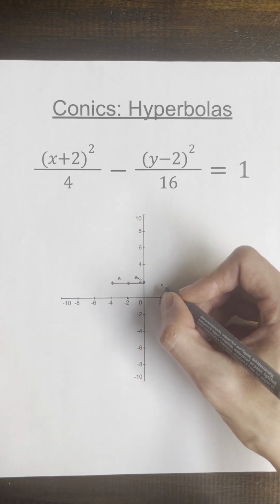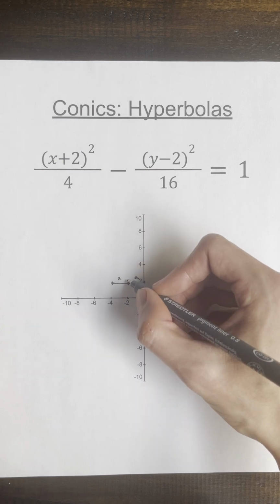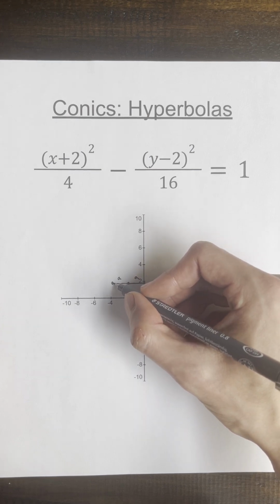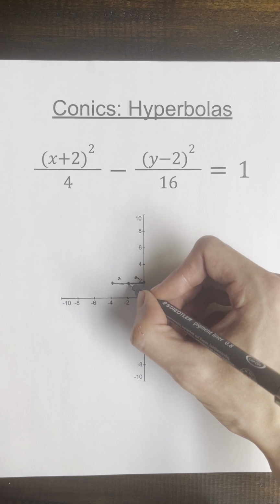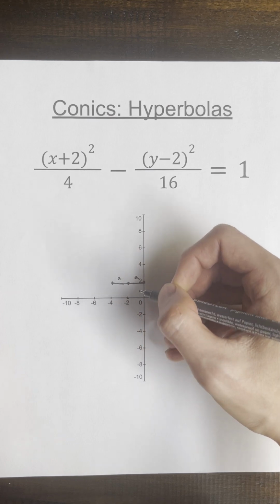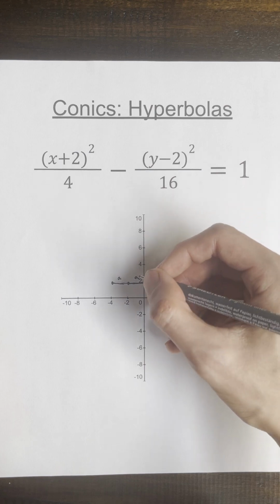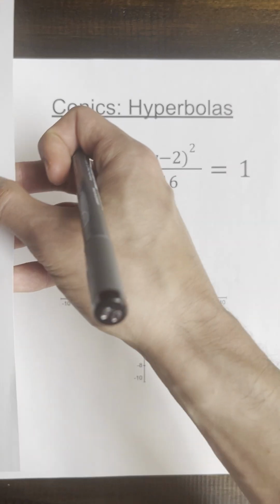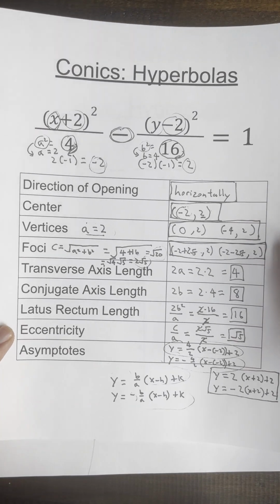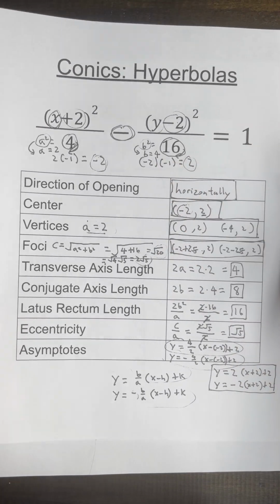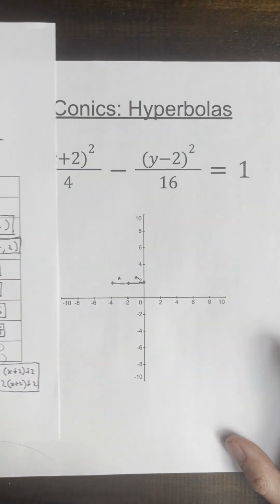But also, since we're moving A units left and A units right, we're moving horizontally, but we also need to move vertically to graph the hyperbola. So I'm going to move up by B units. B was how much again? B was 4. So move up by 4 and down by 4.